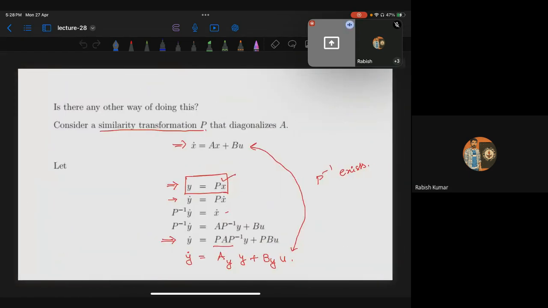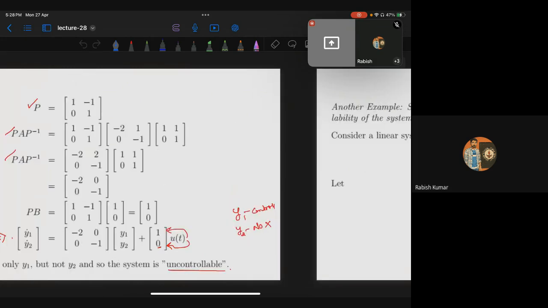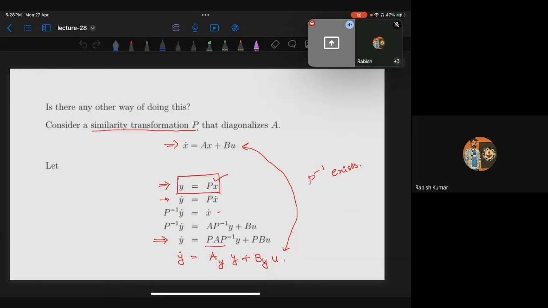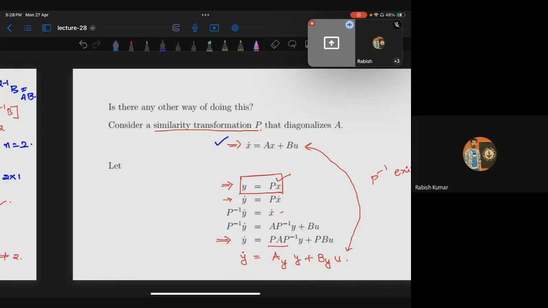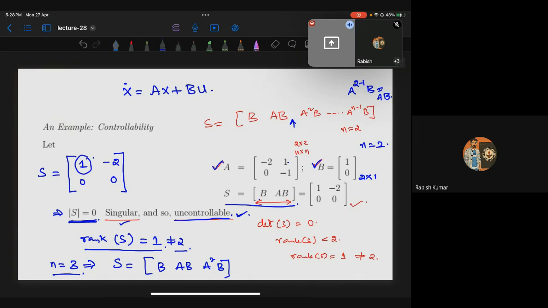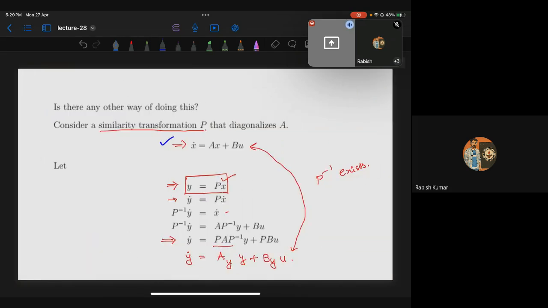For example, you can also check this directly. Let us say you have x dot is equal to Ax plus Bu. Let's say you take this transformation, which we call a similarity transformation. Here x is the state, so we start with y is equal to Px.